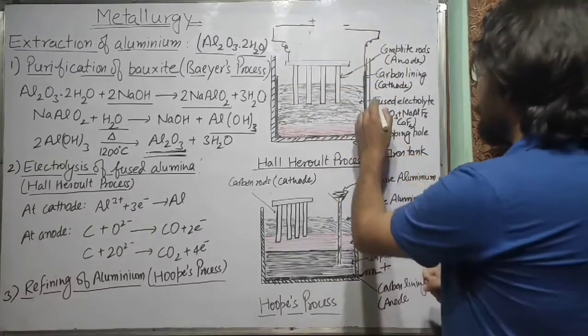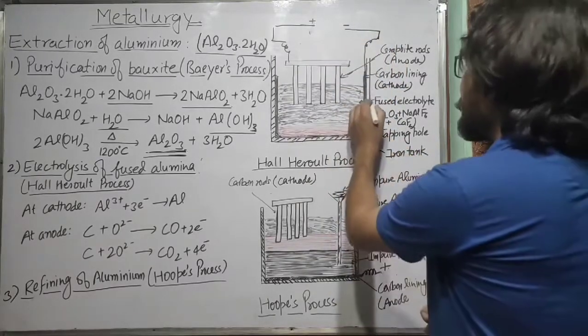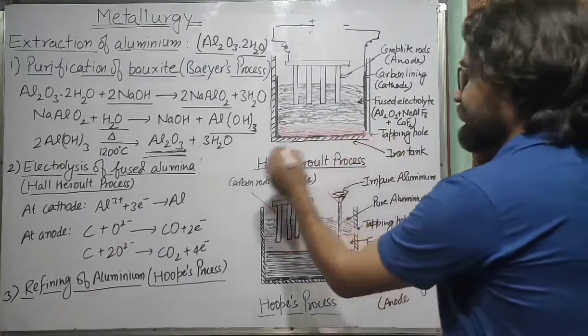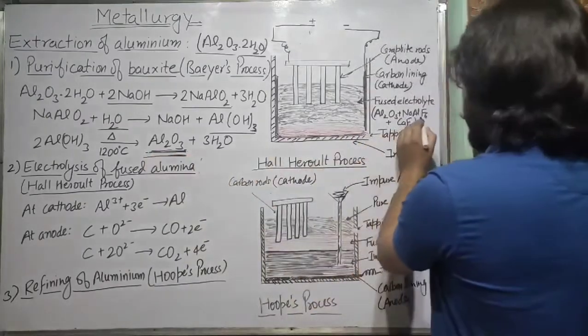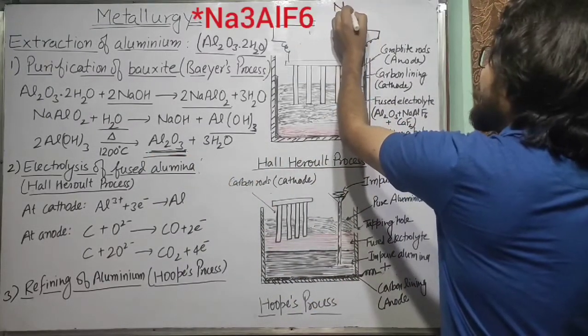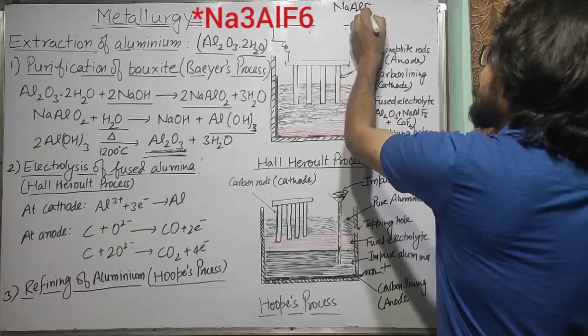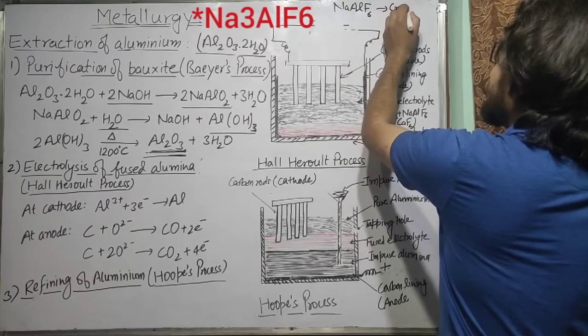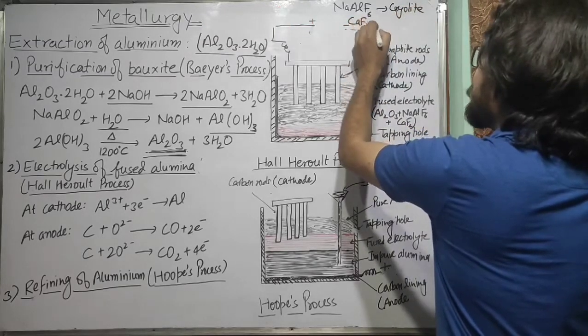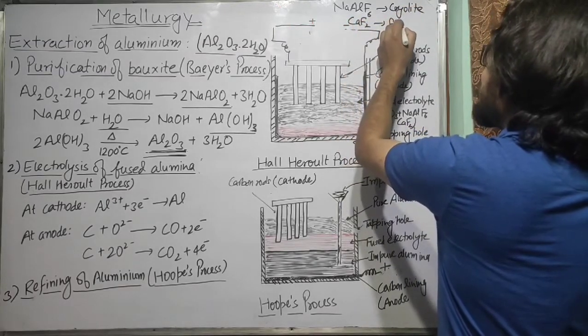Now the next thing is the electrolyte. The electrolyte consists of alumina, then Na3AlF6, remember, Na3AlF6. This is called cryolite, and CaF2. This is called fluorspar.